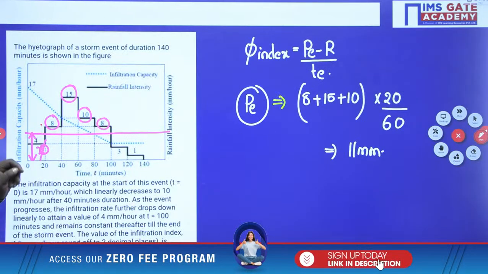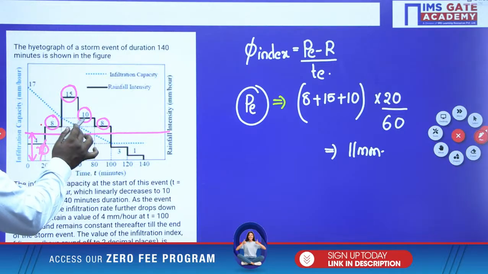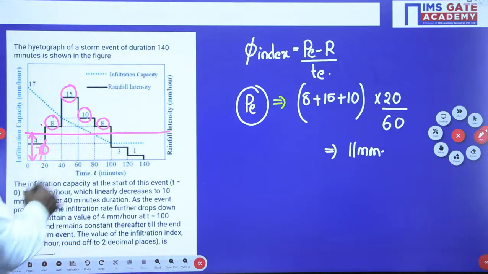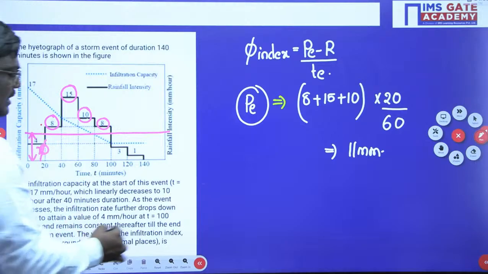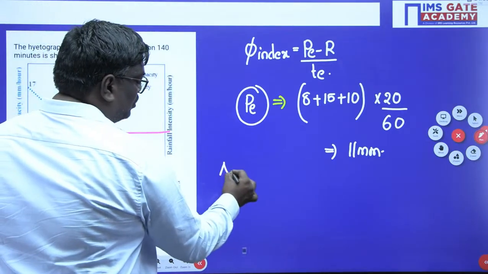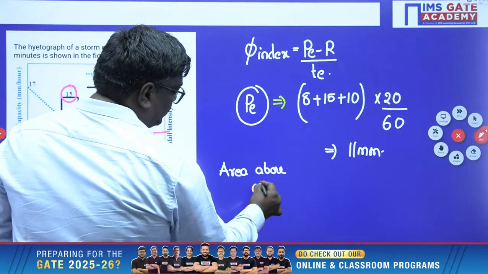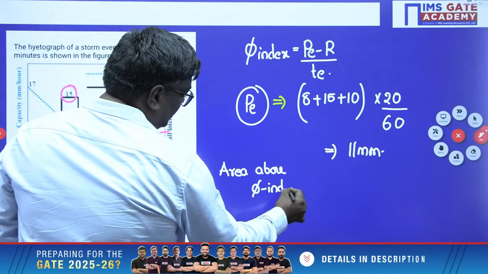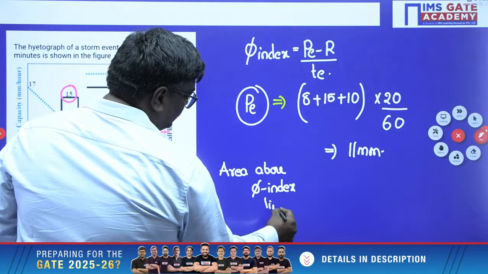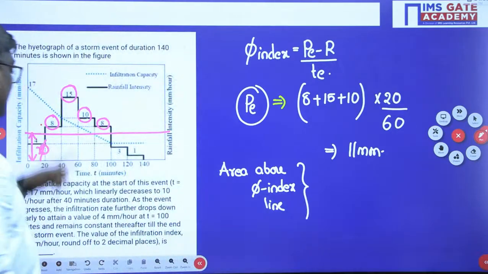Or you can say, see students, here it is 15, 10, and here it is 8. Suppose I have taken this phi index line, how do we find the area above the phi index line, or the dotted line? Here it is a rectangle, right?